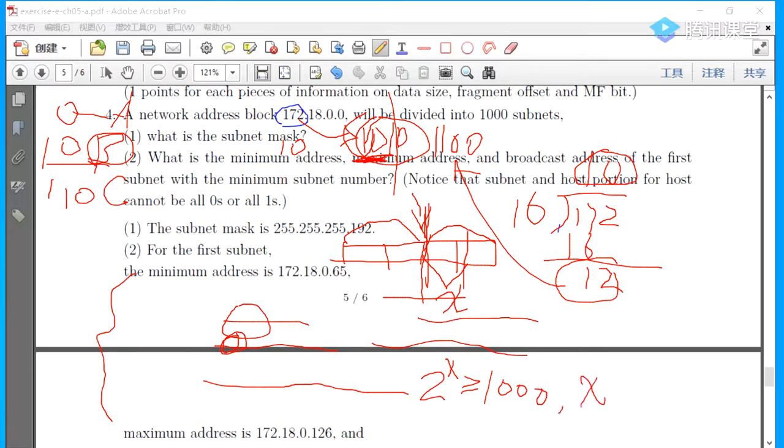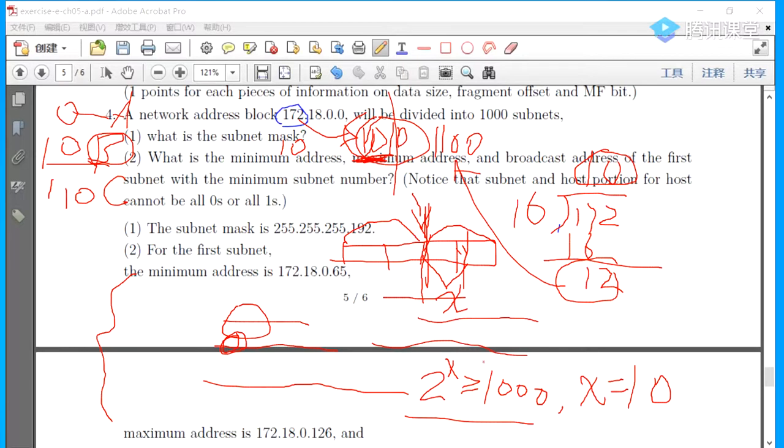We get the minimum value which satisfies this inequation, so X equals 10. That means we can borrow 10 bits from the host portion. This is the 8-bit portion, and the other 2 bits are borrowed too.